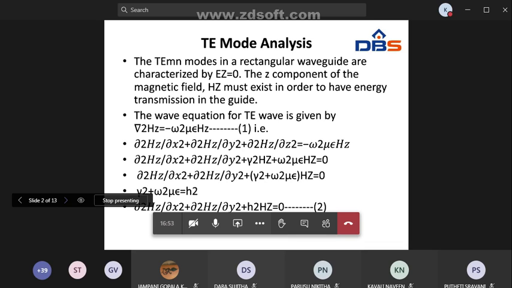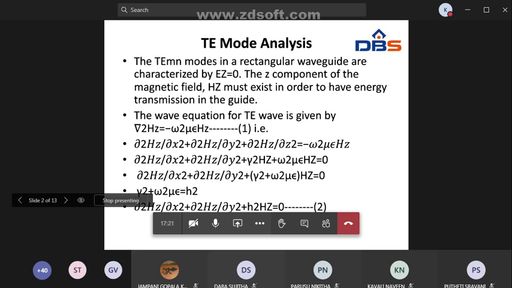The wave equation for a TE wave is del square Hz equal to minus omega square mu epsilon Hz.